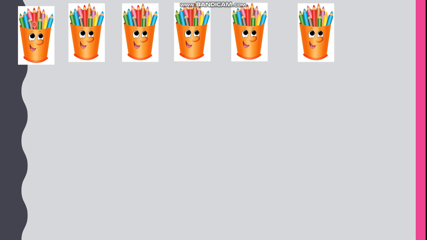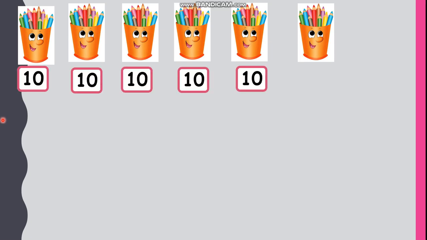In one holder we have 10 pencils, and they are all identical holders, so each has 10 pencils. We can write it this way: 10, 10, 10, 10, 10, 10.